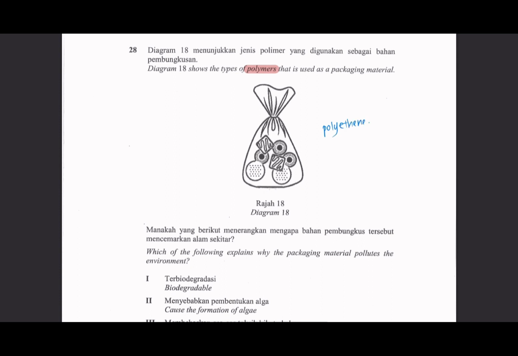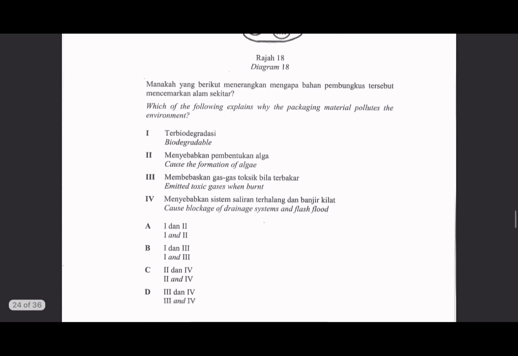Okay, where's our questions? Which of the following explain why the packaging material pollute the environment? Polymer will cause pollution. Number one, biodegradable. So definitely is incorrect because polymer is non-biodegradable. Cause the formations of algae. Okay, this one, hold on. Emitted toxic gases when burned.